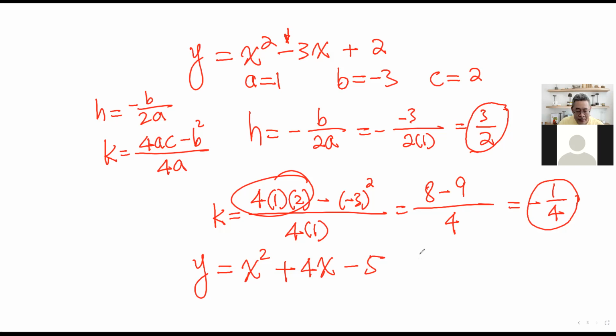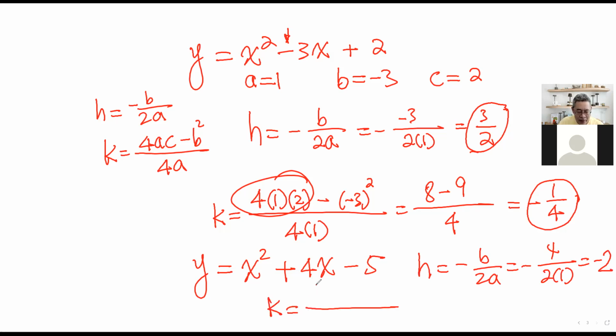Okay, very good. So we know h is minus b over 2a. Our b is 4, over 2 times 1, so that is negative 2. And our k is 4ac minus b squared over 4a. a is 1, c is negative 5, minus 4 squared.